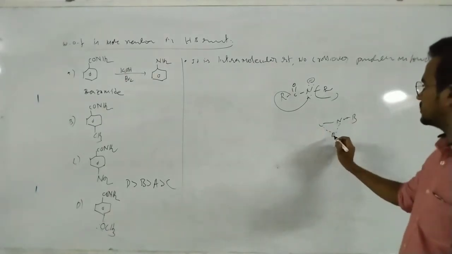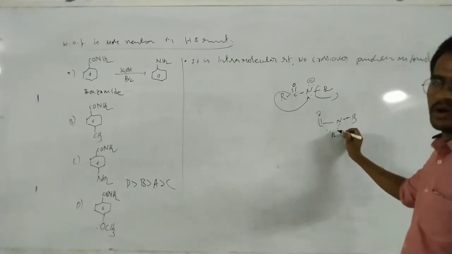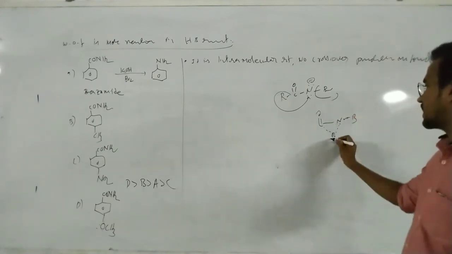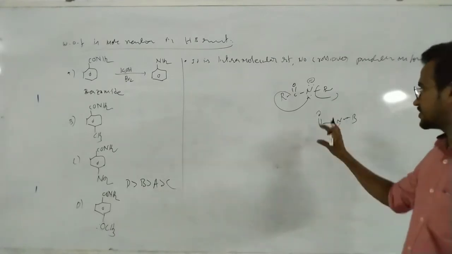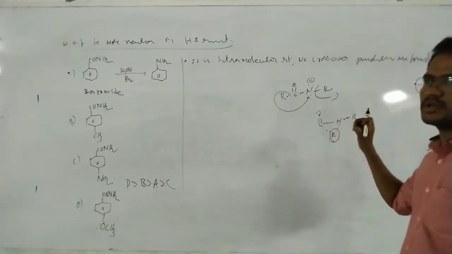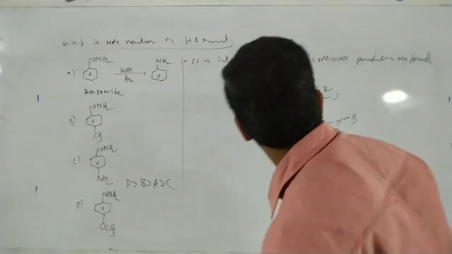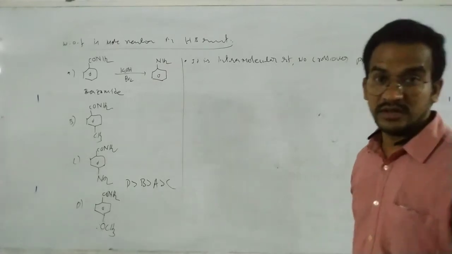The breaking of the bond between the alkyl group and the carbon and the making of the bond with nitrogen take place simultaneously. That's why the alkyl group is not completely departed from the substrate. This rearrangement takes place within the molecule.